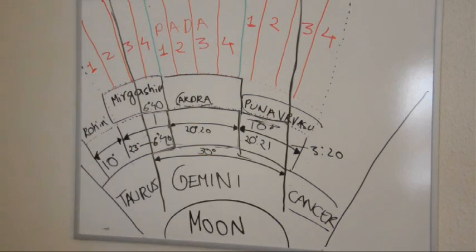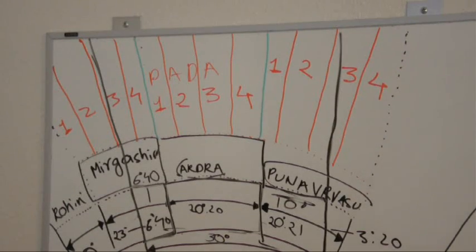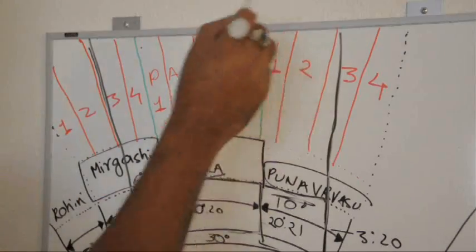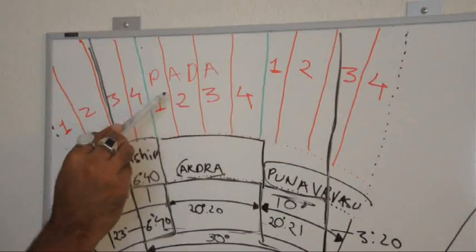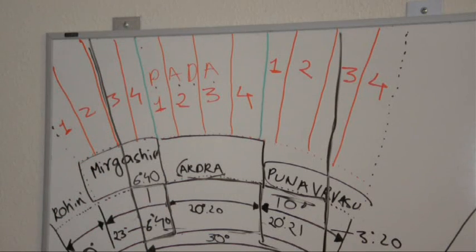Now, here's another detailed part. Let me zoom the camera in so you can see it clear. Okay, so now this is Gemini. Now look what it says here: Pada, P-A-D-A. What are padas? Padas are 4 levels.